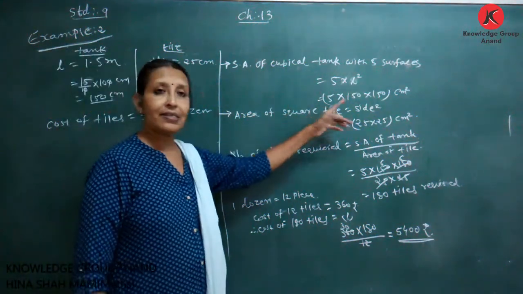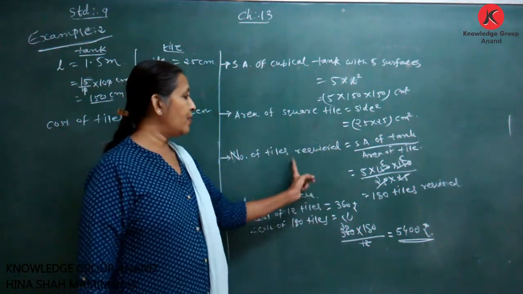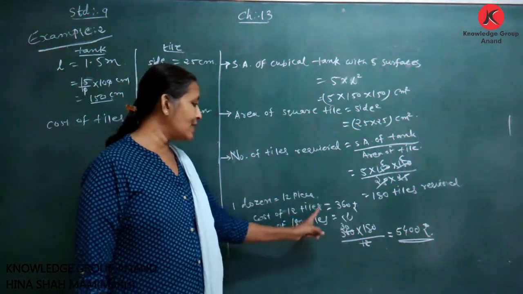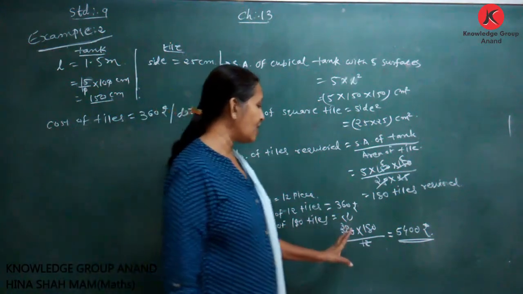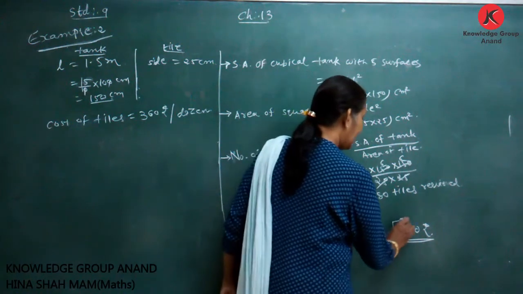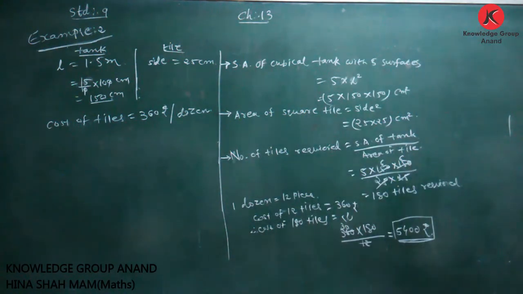Area of a square tile is side square, 25 into 25. Number of tiles is 180. Cost of 12 tiles is 360 rupees. Then cost of 180 tiles is 5400 rupees. Then write the last statement: Hami wants to spend 5400 rupees for tiles. Okay, example number 2 is completed here.